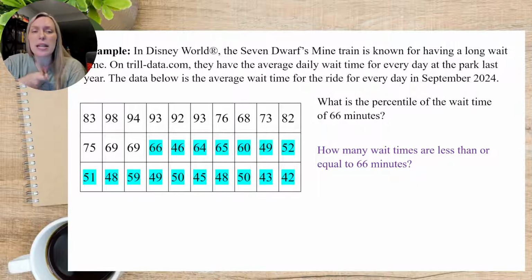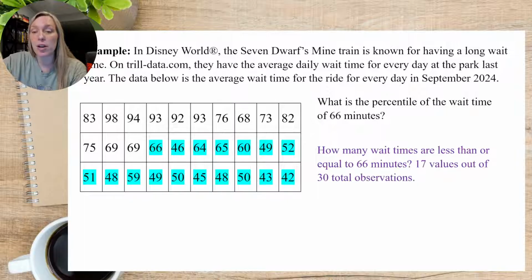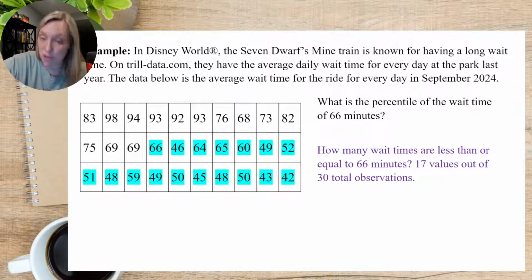The data doesn't necessarily go in order from smallest to largest, you can see, but what I have highlighted are the numbers that are less than or equal to 66. How many numbers are there? There's 17 out of 30 total observations that are less than or equal to 66 minutes.